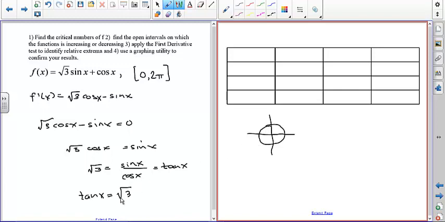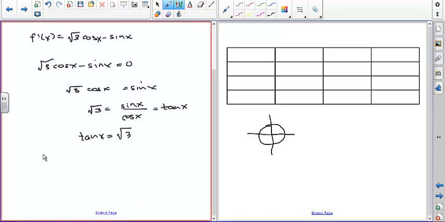But if you remember, there's two things you have to think about. In which quadrants is the tangent positive? Positive, okay.